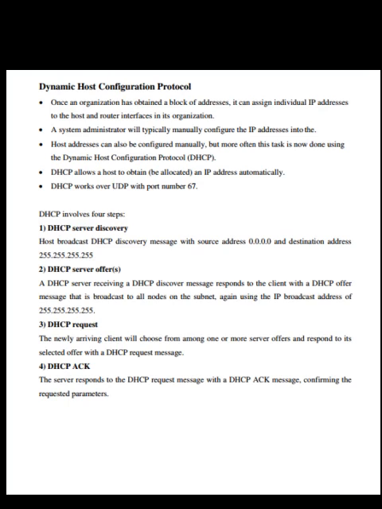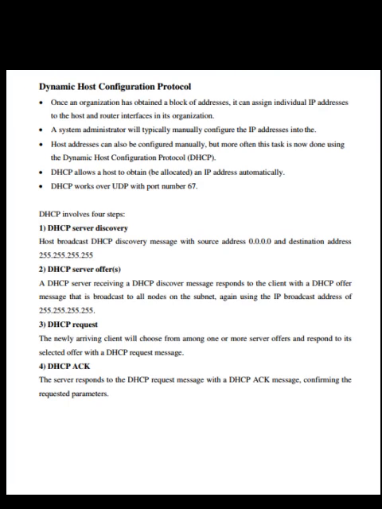DHCP involves 4 steps. First is DHCP server discovery. The host broadcasts a DHCP discover message with a source address 0.0.0.0 and destination address 255.255.255.255. Second is DHCP server offer.